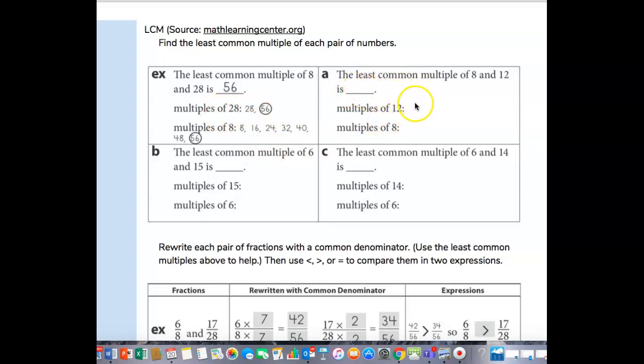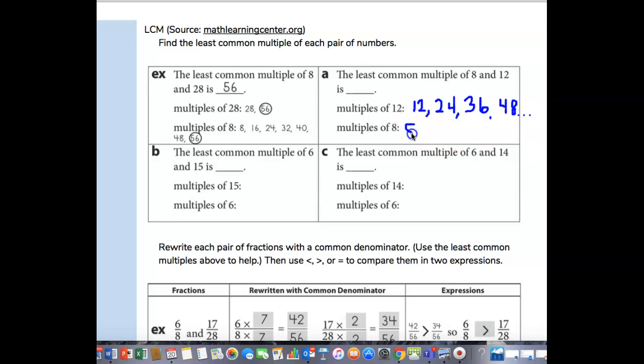So the least common multiple of 8 and 12. So put your multiples in here. So 12, 12 plus 12 is 24. 24 plus 12 is 36. 36 plus 12 is 48. And then if we need more, we can add more. But right now we're going to put dot, dot, dot.